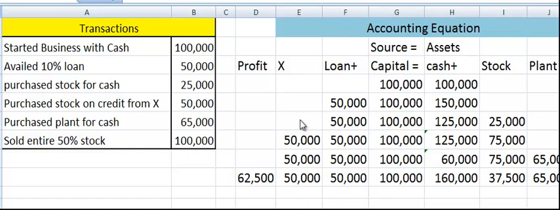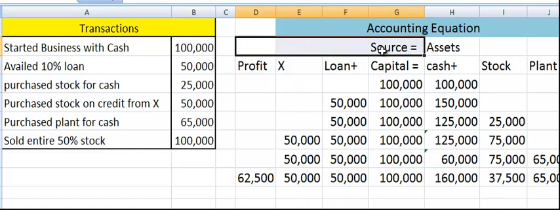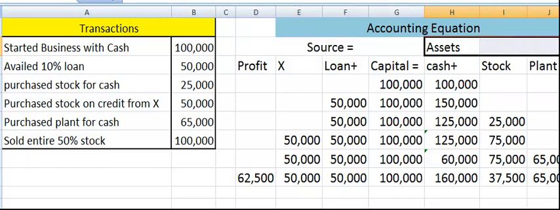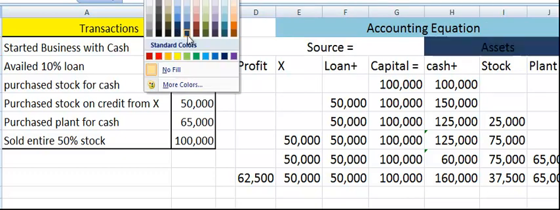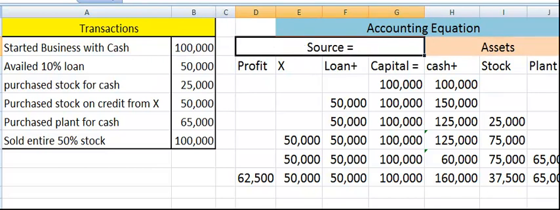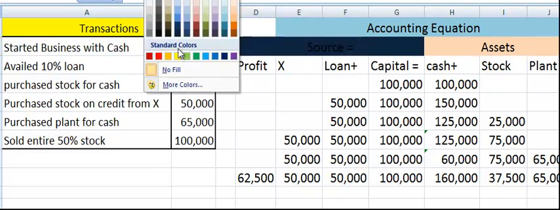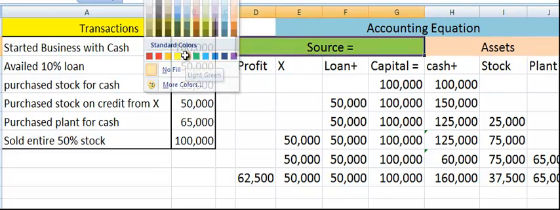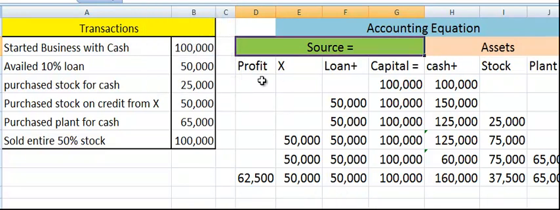So at every point of time, after every transaction, the sources of the business and the assets of the business are changing. That means the business decisions will affect the sources or will affect the assets depending on the nature of the transaction.